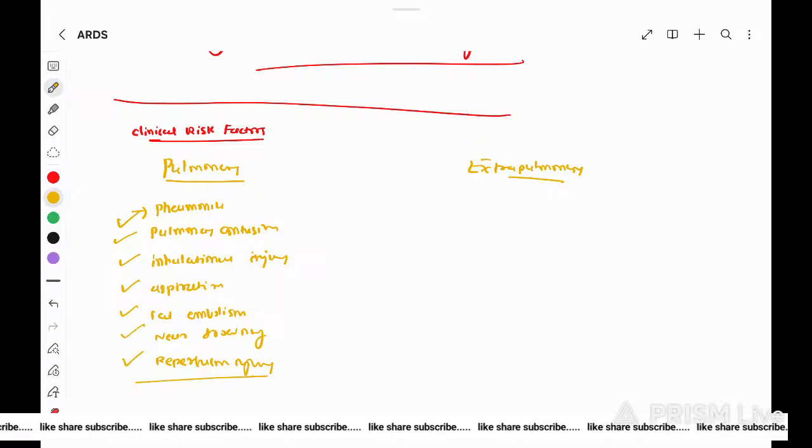Then what are the extrapulmonary risk factors for ARDS? Extrapulmonary: sepsis, trauma, burns, acute pancreatitis.